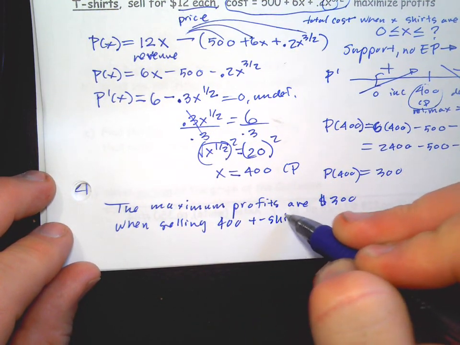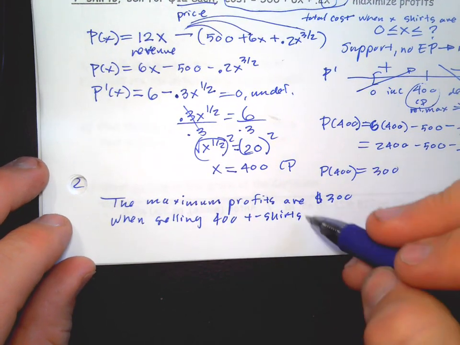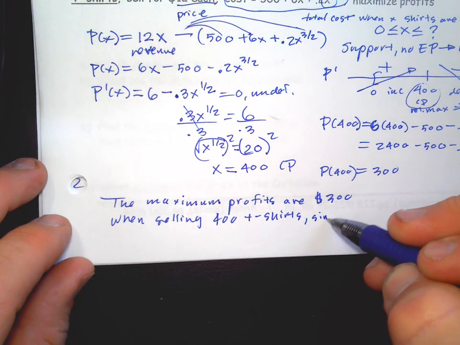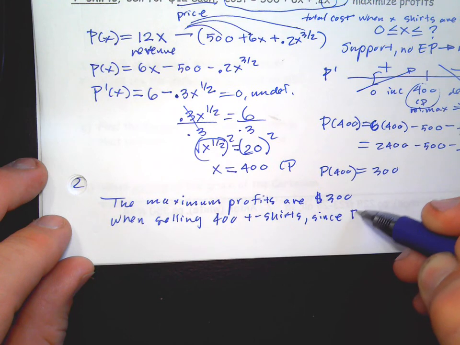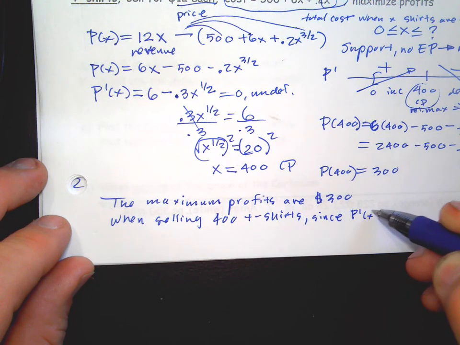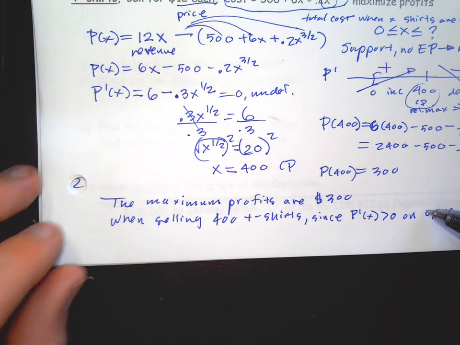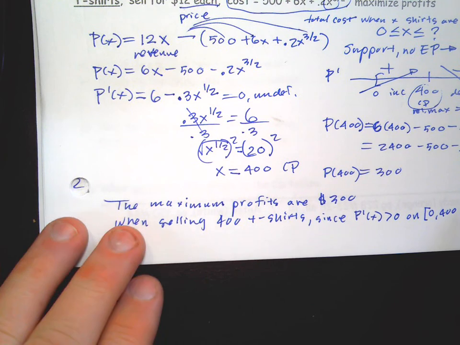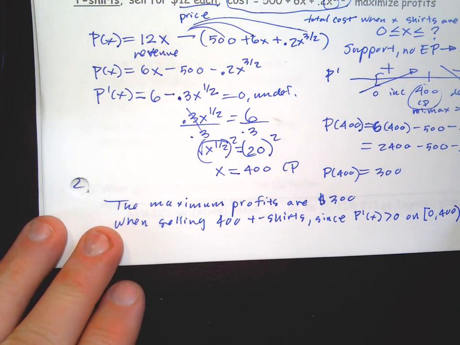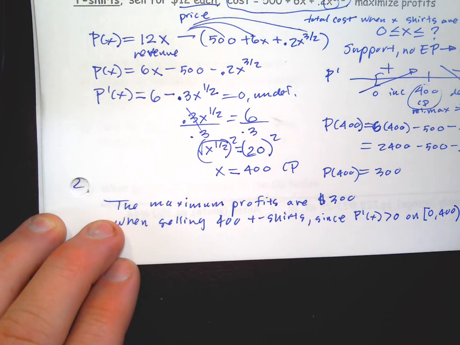Now, the way to justify this is you'd say, well, since P prime of x is positive on the interval 0 to 400, and P prime is negative on the interval 400 to positive infinity.